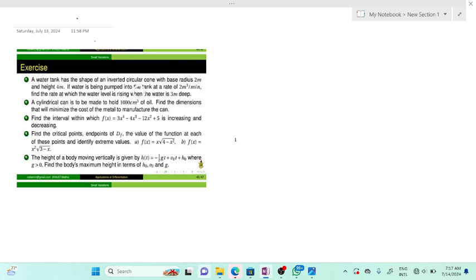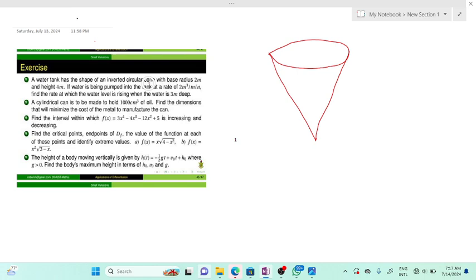And to solve this problem, let's first graphically represent this problem. So an inverted circular cone will have its base like this, right? And it's pointed this way, right? So you're having an inverted circular cone with a base radius.